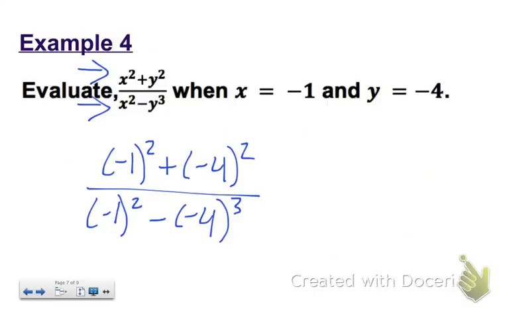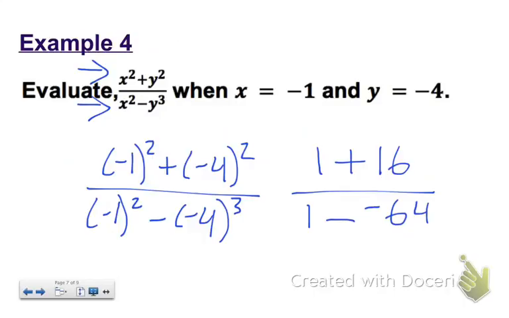Alright, so first things first, (-1) squared becomes positive 1 plus (-4) squared is positive 16. (-1) squared again is positive 1. And then (-4) cubed is actually negative 64. So we end up with minus a negative 64.